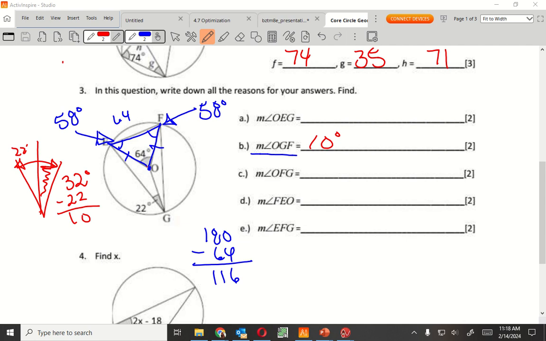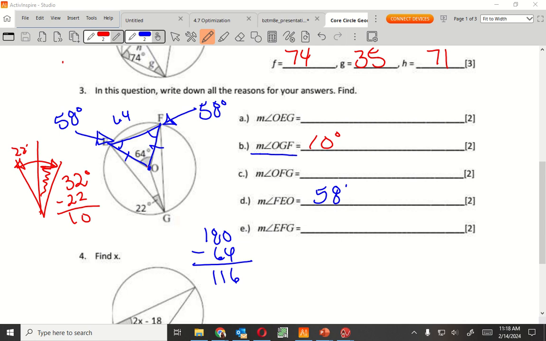So that one was FEO, 58 degrees. OFE, 58 degrees. EFG, okay, not there yet.